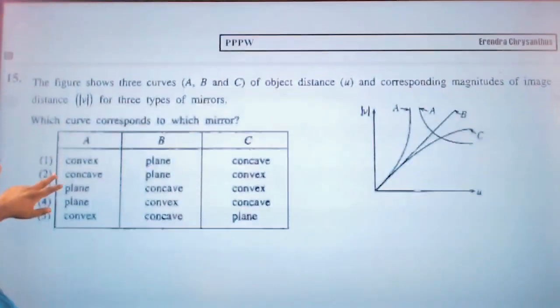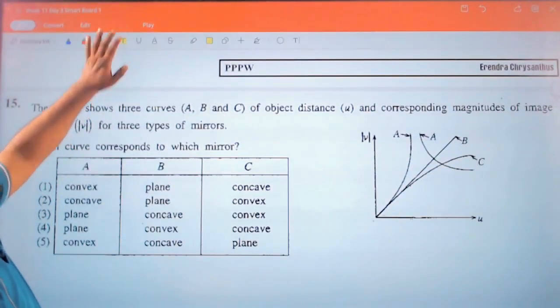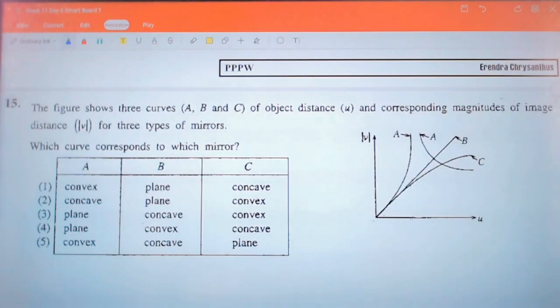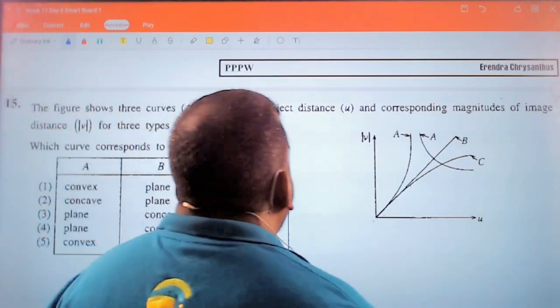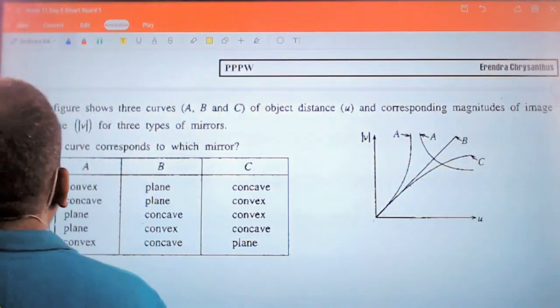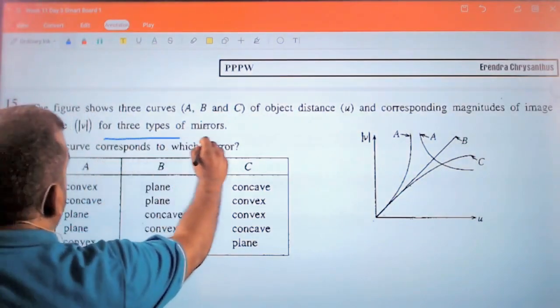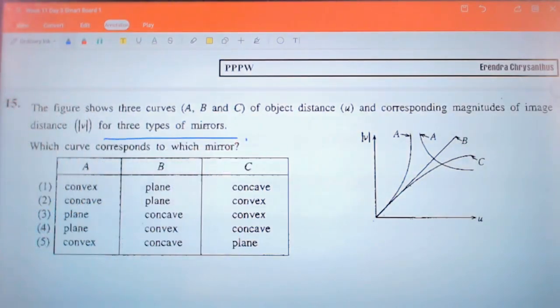Right. The figure shows the curves A, B, C, D corresponding to the magnification versus image distance for 3 types of mirrors. Which curve corresponds to which mirror?